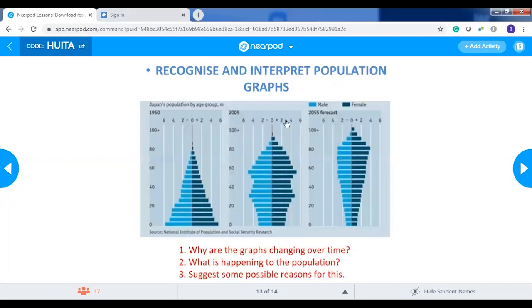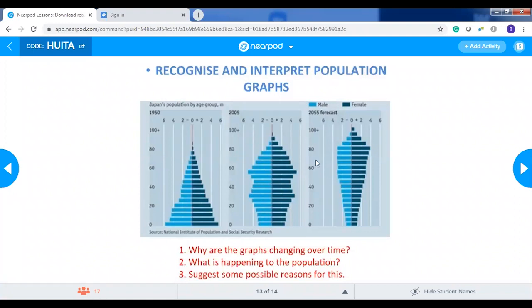This is the population in Japan, which changes by age group. If we see here in 1950, after the war, there were more births, more children, and then the number of births decreased, but the number in the middle age group increased.